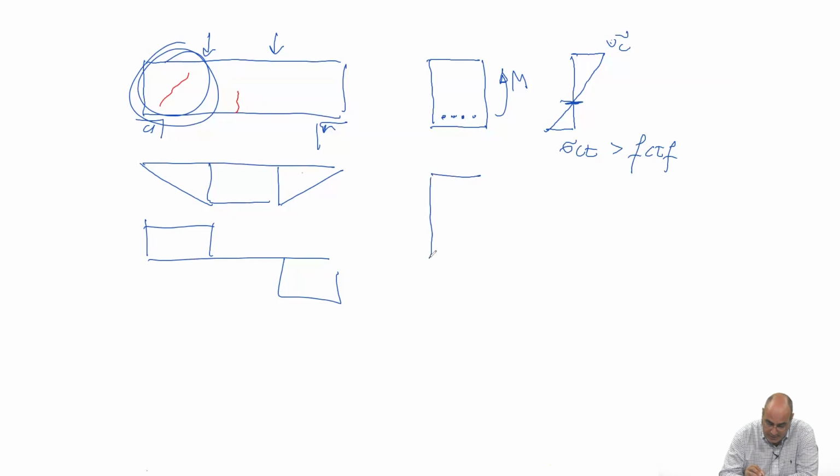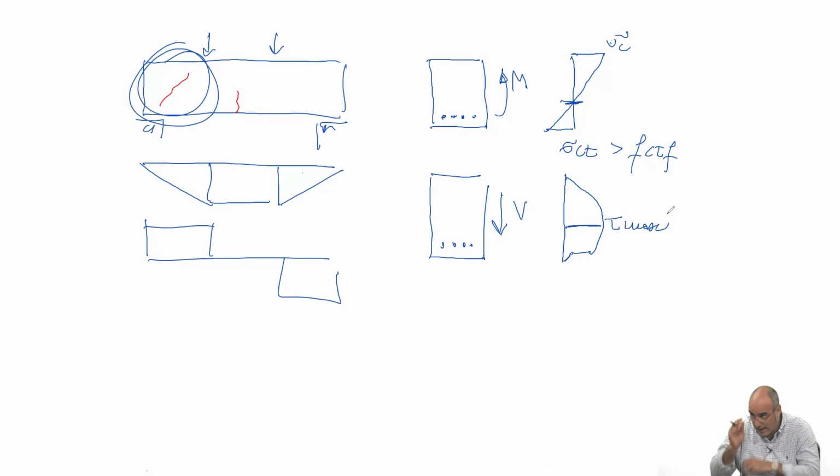But when that same cross section is under a shear force V, the distribution of the shear stresses according to the Jourawski formula is like this, with the maximum on the neutral axis, which is the centroid axis. So if you look at the state of stress at this point here, you have zero normal stress and only shear stress.